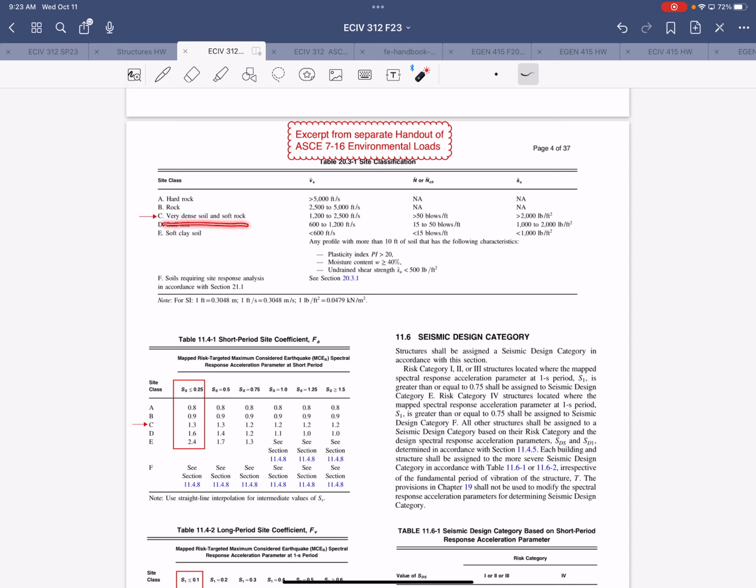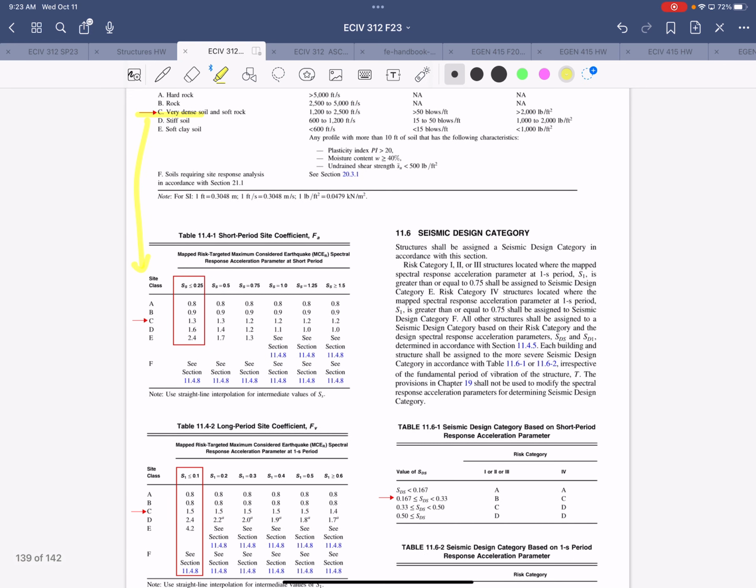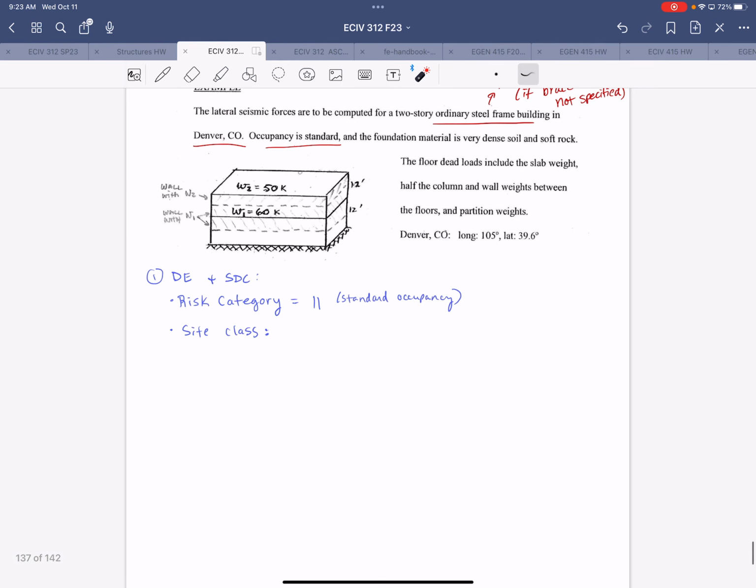So we were told very dense soil and soft rock, that's site class C. We're going to take that information and use it to figure out our FA and FV values, right? So we'll enter those tables with site class C, and we'll also enter them with the mapped parameters, which we haven't determined yet for this example, but we will go do that.